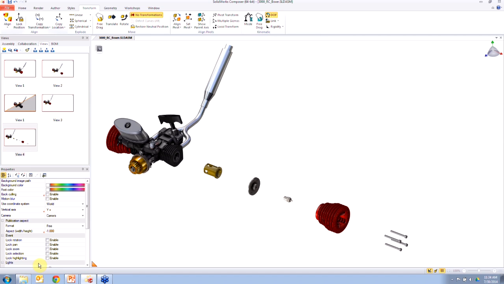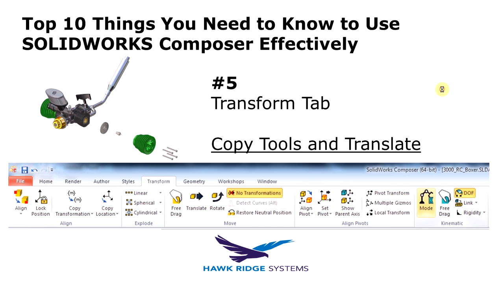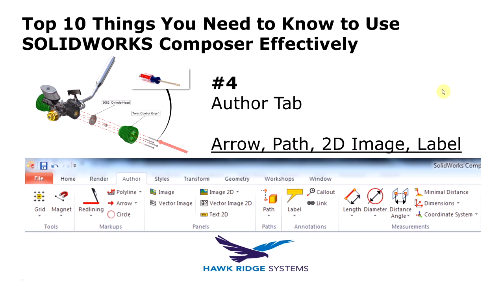Going back to our PowerPoint. Next one is the Author tab, another big one here. So the Author tab is a way to bring two-dimensional elements into your 3D space. And what we're going to be focusing on here is the arrows, paths, which is basically exploded lines, 2D images, which is exactly how it sounds.